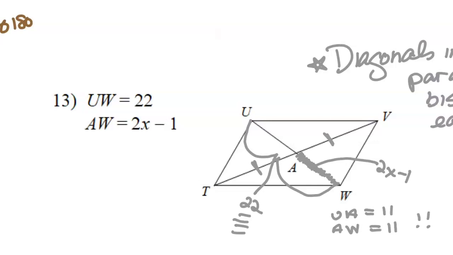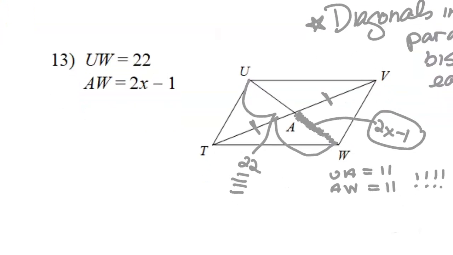Okay, this is key information because look what I have. I have an algebraic expression for AW. Once I make that connection that both UA and AW will be 11, because that is 22 divided in half, I now can set this up.